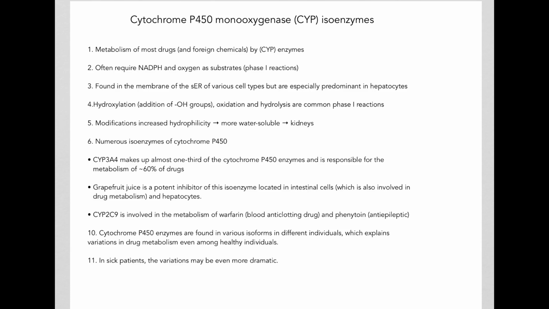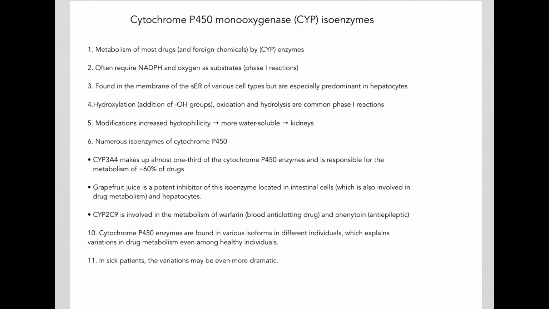These enzymes typically require the reducing agent NADPH as well as oxygen as substrates, and we call these metabolic reactions the phase 1 reactions. CYP enzymes are found in the membrane of the smooth endoplasmic reticulum of many different cell types, but especially predominant in the liver, in the hepatocytes.